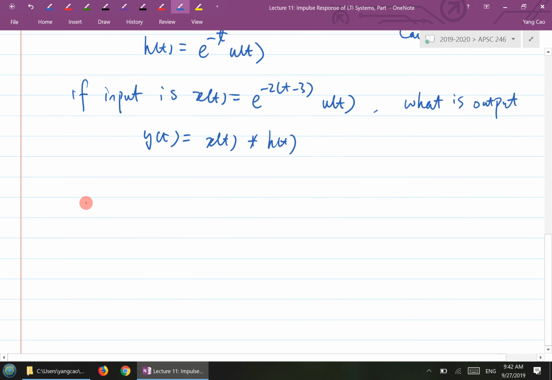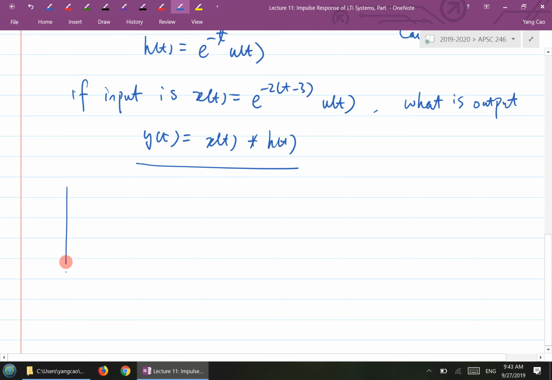I'll show you how to do this kind of question. Not just the graph, I will actually use all the expressions during the process. So we're solving this one here. We're going to pick this as x of t, and this as h of t.